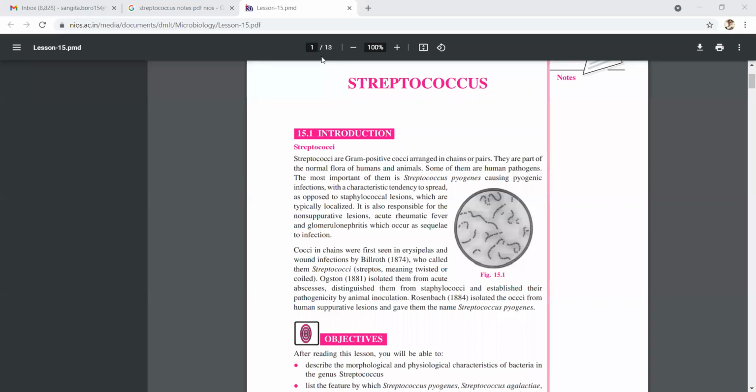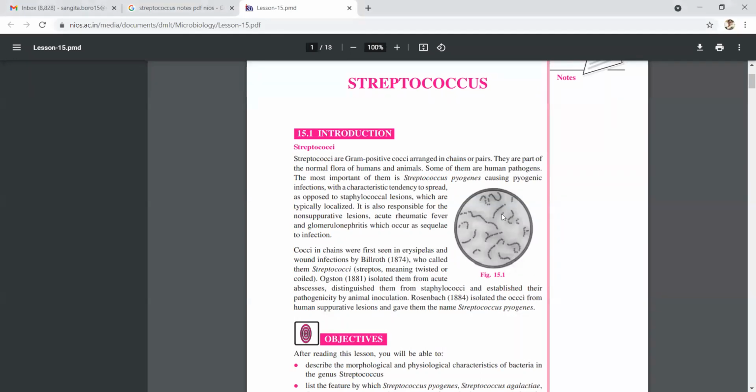The bacteria that we are going to study about today is Streptococcus. Now this genus called Streptococci are gram-positive cocci, and they are arranged in chains or pairs. Here in this picture you can see the small circular arrangement of the bacteria.